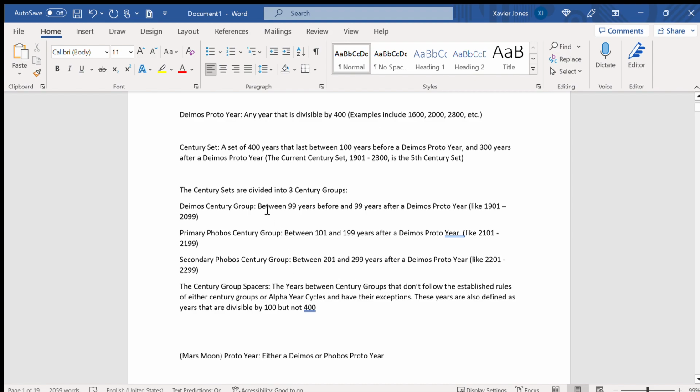The century group between 99 years before and 99 years after. Like 1900, 2000, no, not 2000, 2100. I guess, yeah, that's fine. 2200.